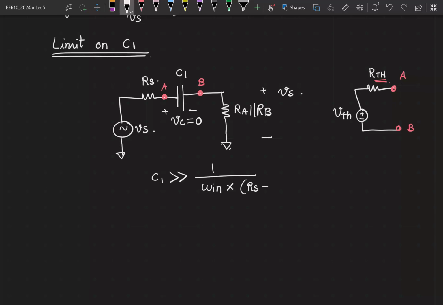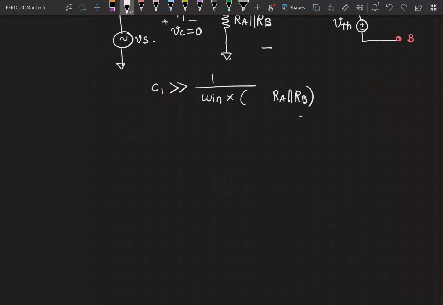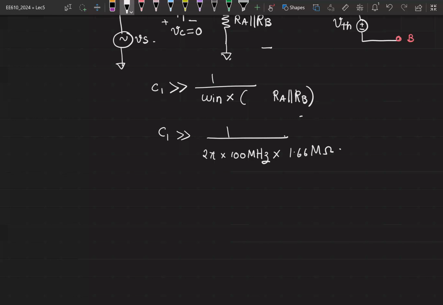That becomes Rs plus Ra parallel Rb, and we already saw that Rs is much smaller compared to Ra parallel Rb. So please substitute the values and tell me what you get. Your C1 has to be greater than, so omega n is 100 megahertz. So 2 pi into 100 megahertz into Ra parallel Rb was 1.66 megaohms. So what is the limit that you get?